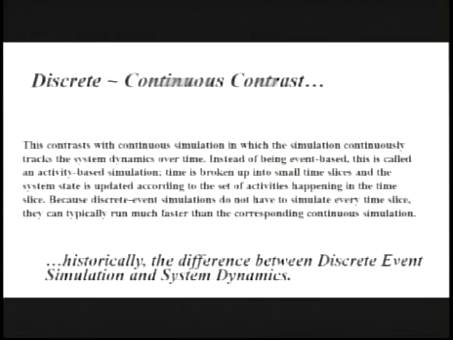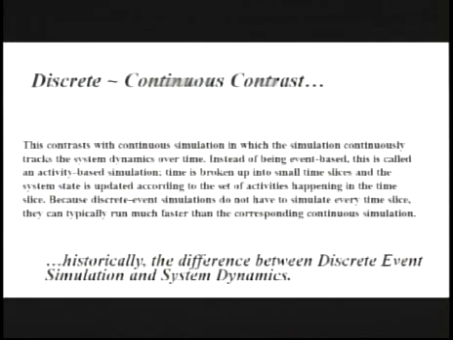So the contrast with continuous simulations, in which the simulation changes continuously over time, is that discrete event simulation is more event-based. And so it's sometimes called activity-based simulation. Time is broken up into very small time slices as a rule. And small is in the eye of the beholder; it could be eons, depending on what you're simulating, or it could be nanoseconds.